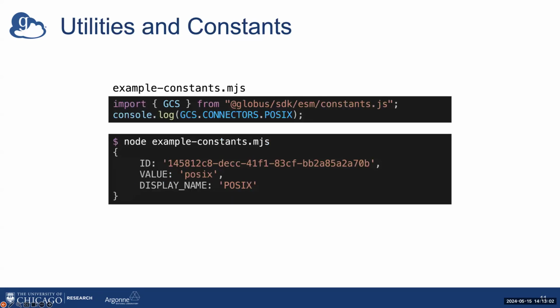One of the other core pieces of functionality within the SDK that we want to provide, in addition to common interfaces, are utilities and constants. Here, I'm showing an example of the connector constants that we're exposing through the SDK. This is a great example where in our web application, we're faced a lot with surfacing information about the different storage gateways within Globus.